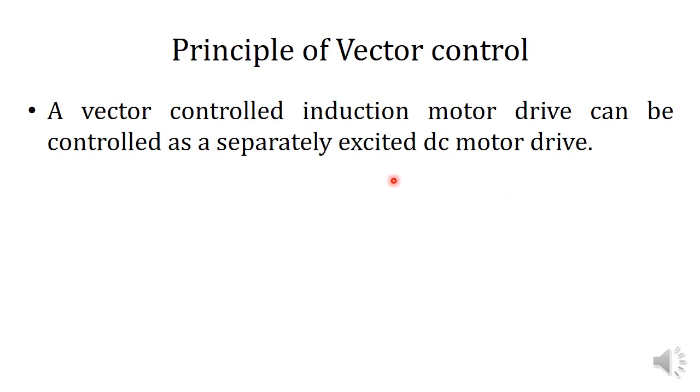So to ensure the similarity, we have to get two different components for the stator current. They are torque producing component and flux producing component. For that purpose, we have to transform the three stator currents into two mutually perpendicular stator currents, one being the flux producing component and the other being the torque producing component of the stator current.